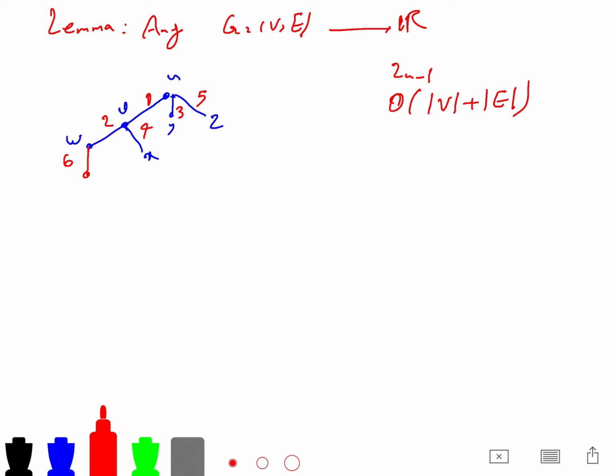This is 4, and something like this. I mean, we label them like this. So a tour can be written like this. For example, 1, 2, 6, 6, 2, 4, 4, 1, 3, 3, 5, 5, 1.